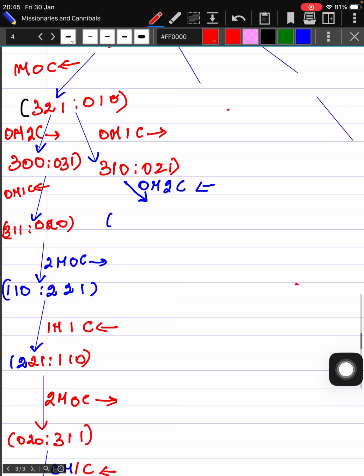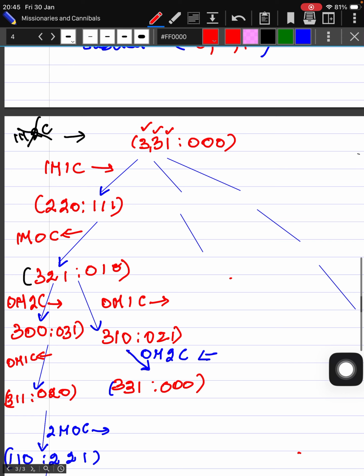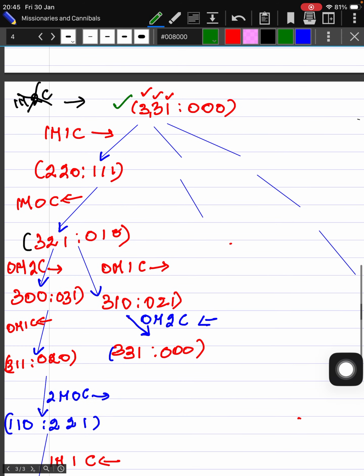It will be 3, 3, 1 colon 0, 0, 0. But I say this is not the right state. Why? It is not the right state because it is equivalent to my goal state. Am I right?